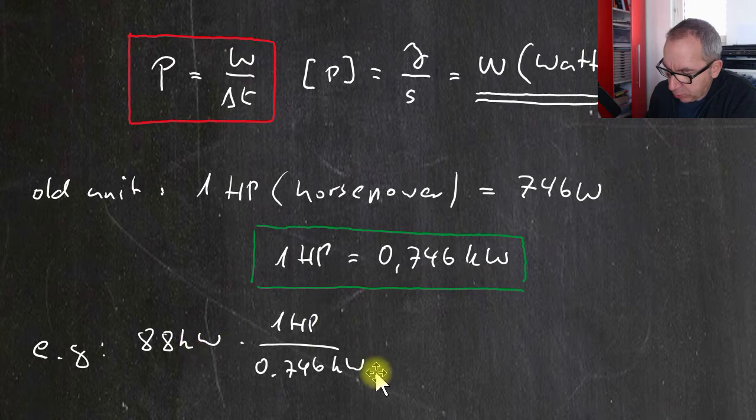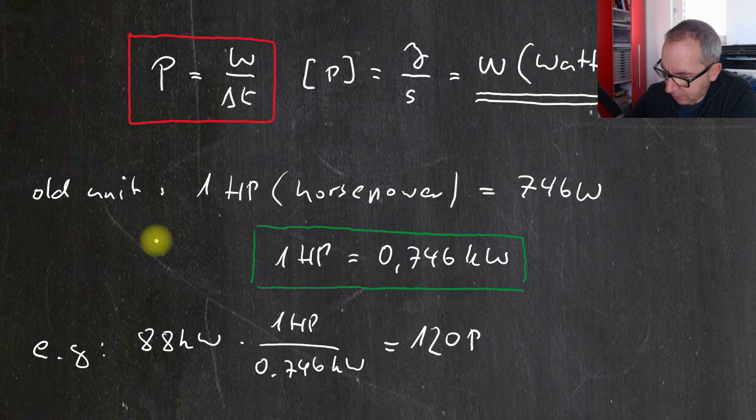Then the kilowatt drops and we get the result in horsepower. You can put this to your calculator and you get some rough value. I just wanted to write PS, since this is the unit used in German, Pferdestärke, but we stick to the English term, so let's make this horsepower.